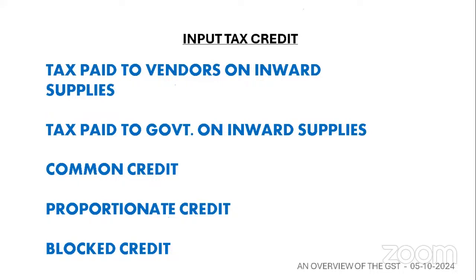Assume there are some other inward supplies like printing and stationery, then audit fees, rental, etc., on which I have paid a tax of say another 3,000 rupees to those suppliers. Now, my net liability will be 36,000 minus 18,000 minus 3,000. So out of 36, 21 will be deducted and only the remaining amount will be paid to the government.